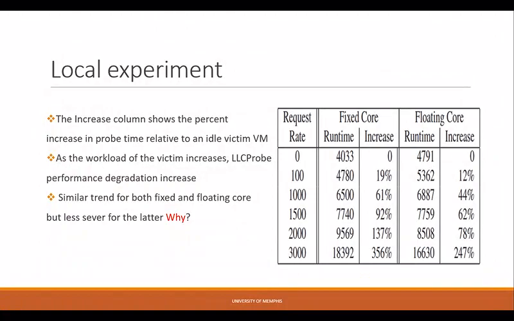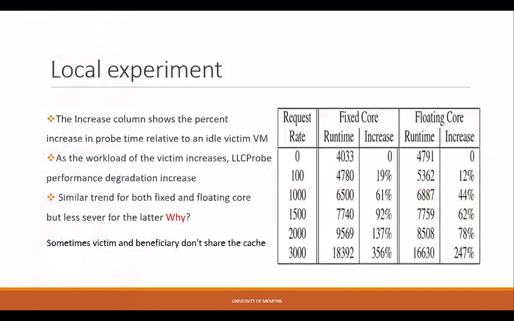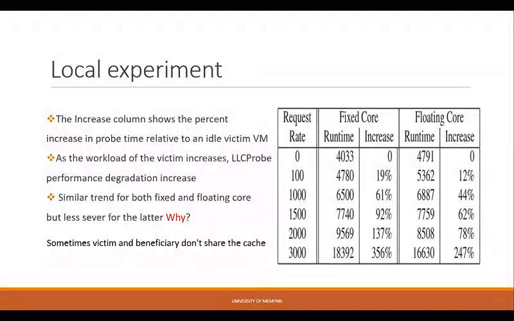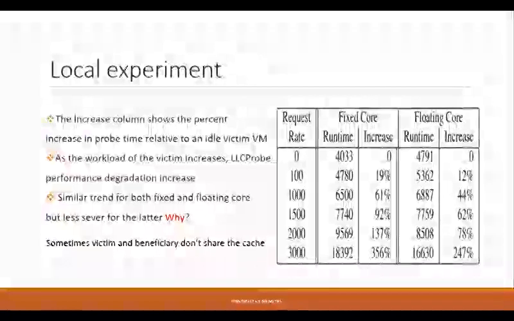The reason is that sometimes the victim and beneficiary do not share the cache because, as we said, the machines are allowed to run on every CPU, core, or socket. So sometimes they don't share the cache, so the victim will not have that much effect on the beneficiary.